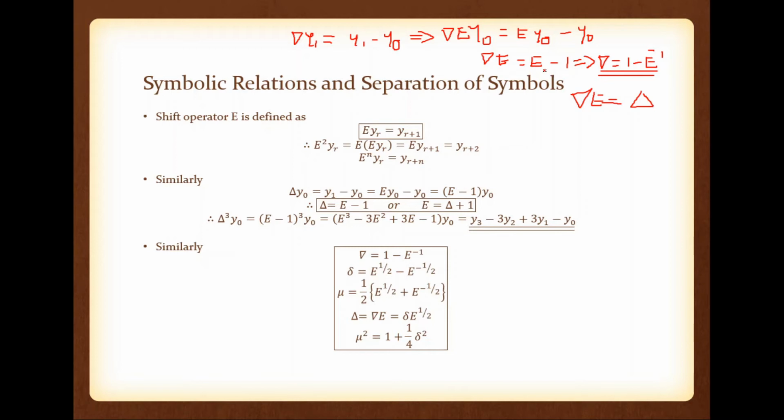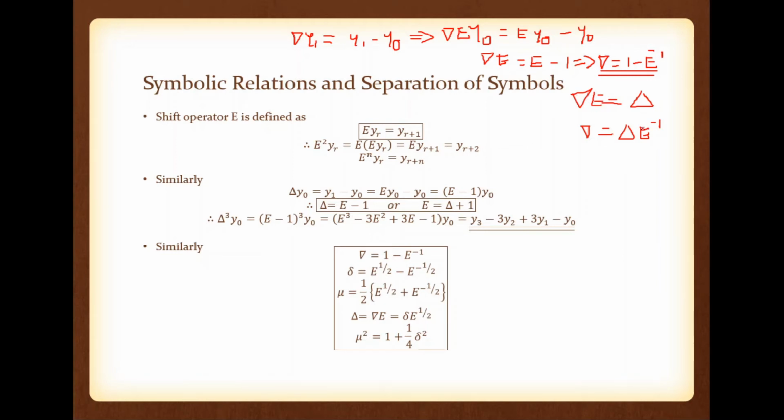Del E equal to E minus 1 is also important. So through this we related del and delta. Del E is equal to delta, or del is equal to delta into E raised to minus 1. The position is not important. Either way you can write this.